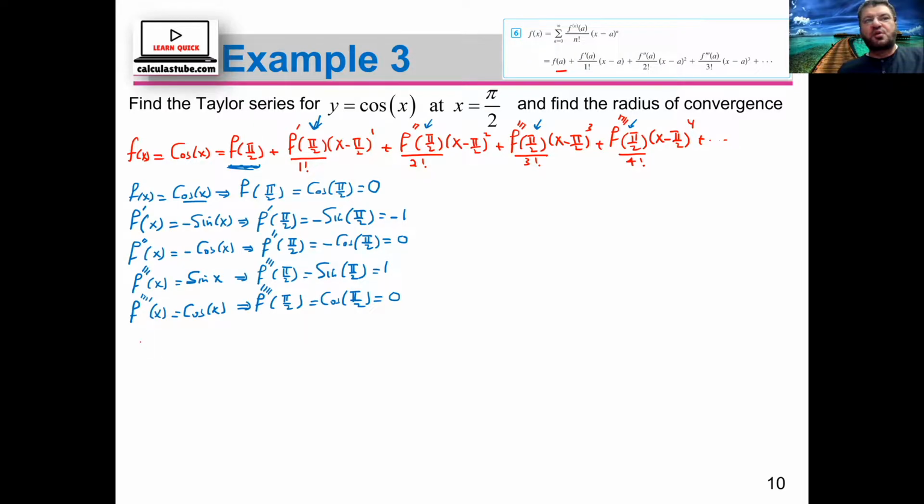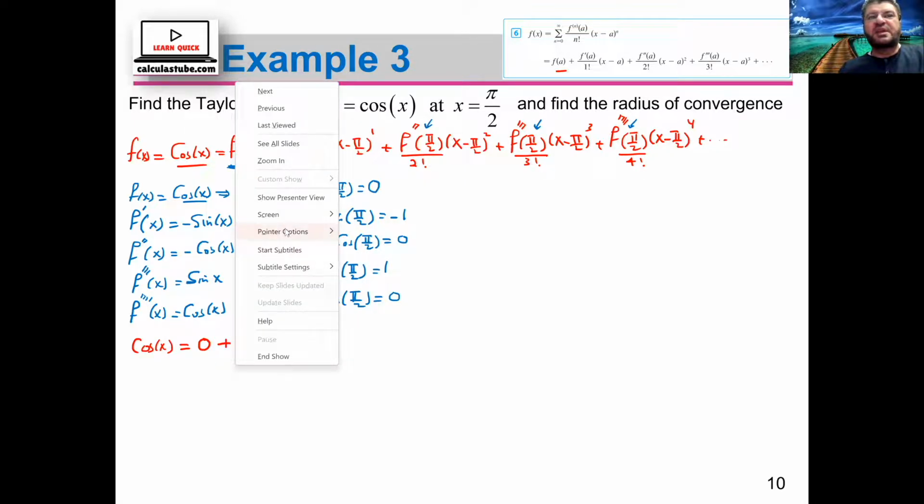All right, so we can say cosine x, which we started with here, is f of pi over 2, which is 0, plus f prime is -1. So what do we say? We're going to go back and replace this one with a -1.